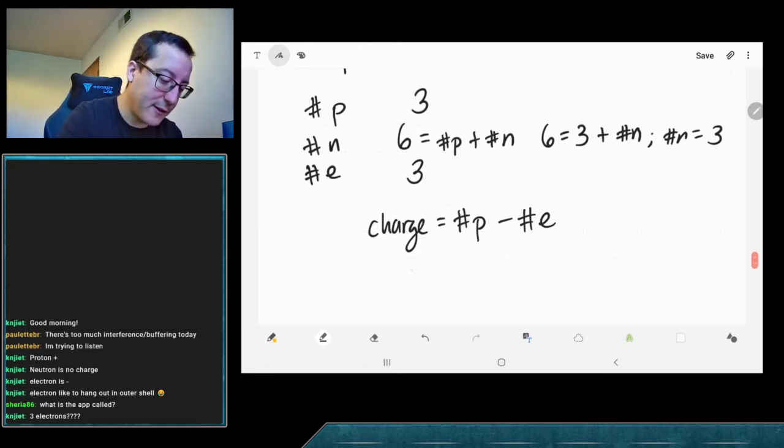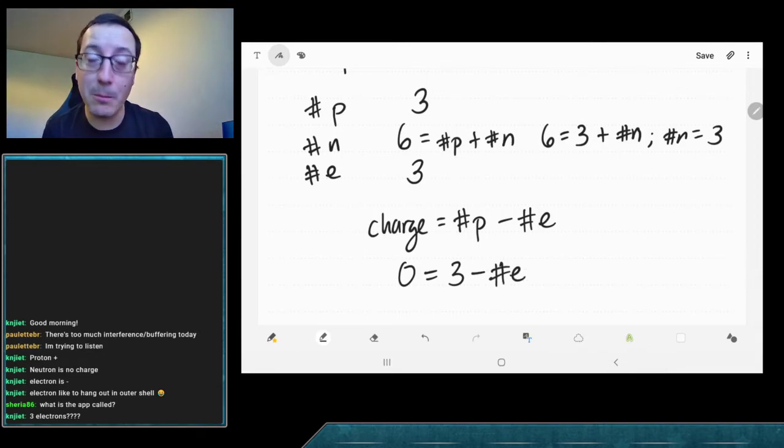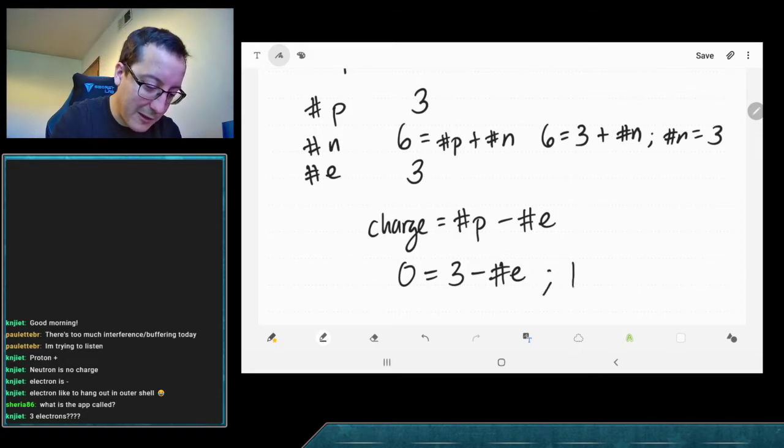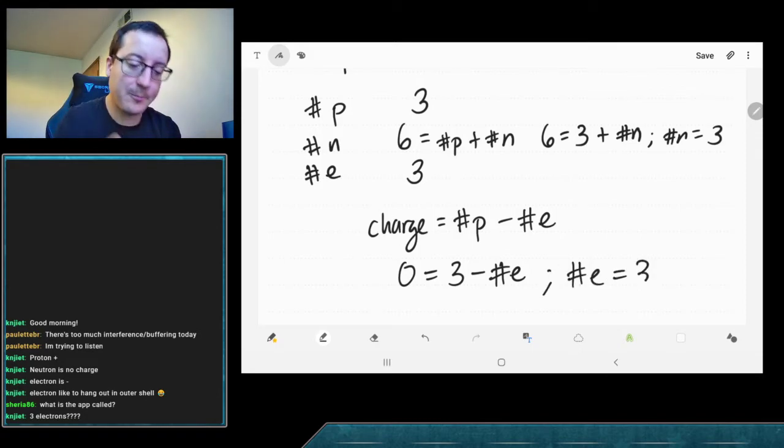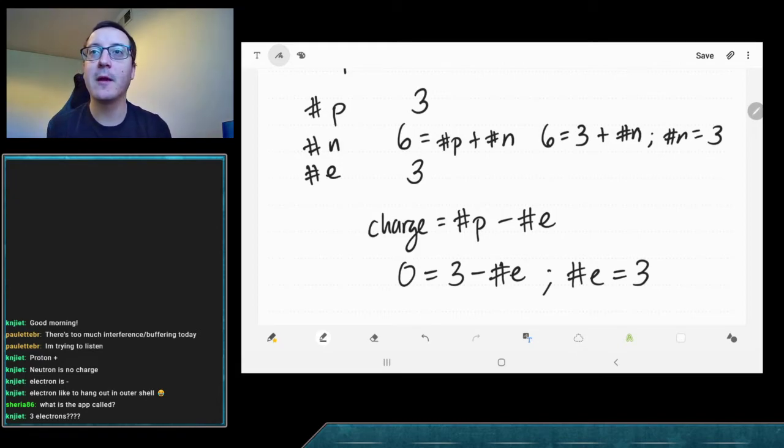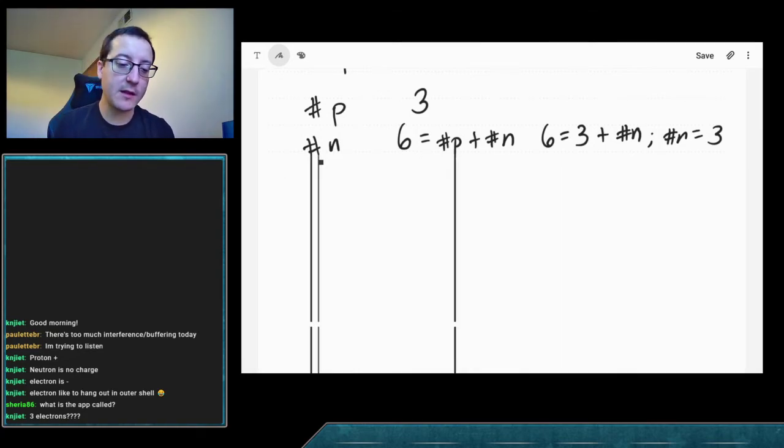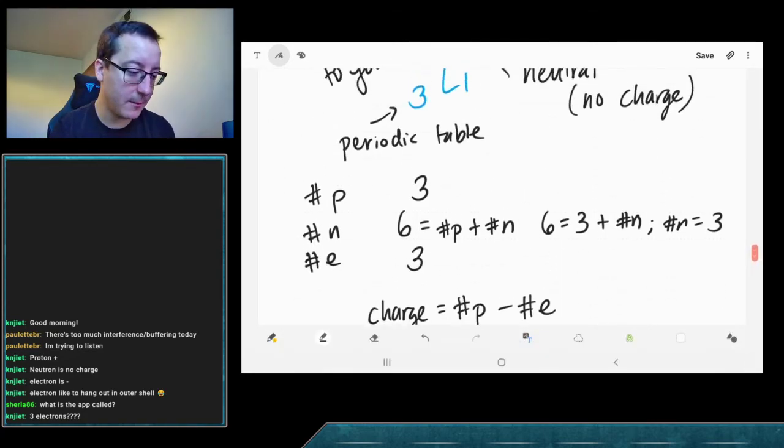If our charge was 0, and we know we had 3 protons, then the number of electrons is 3, since that has to be 0. Okay, so far so good, hopefully.